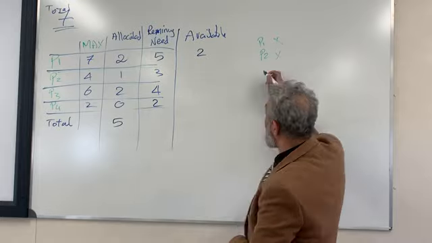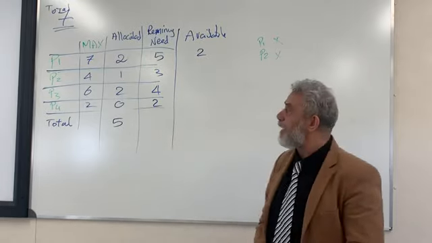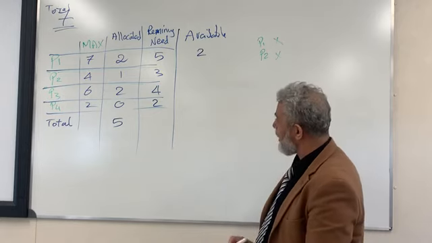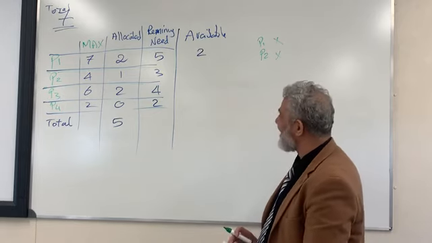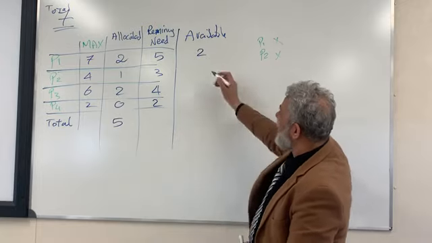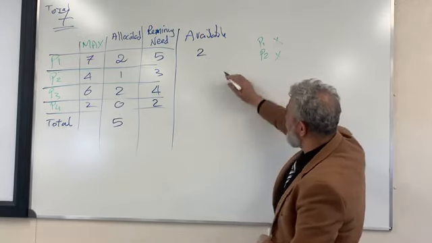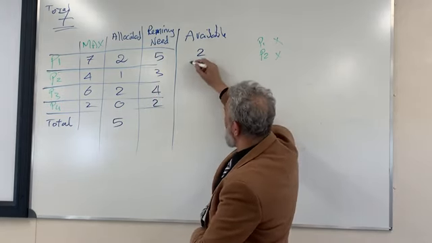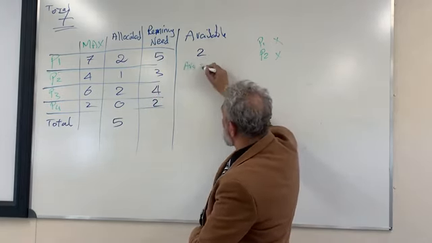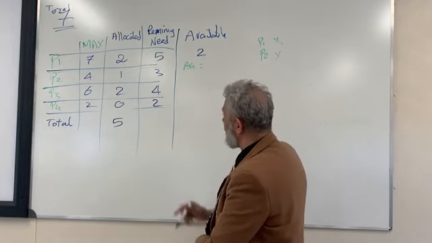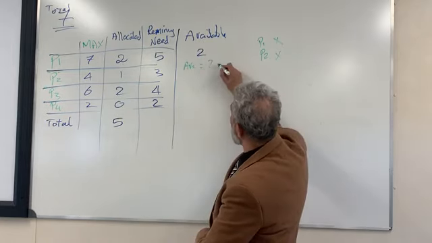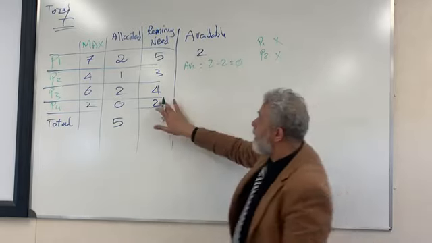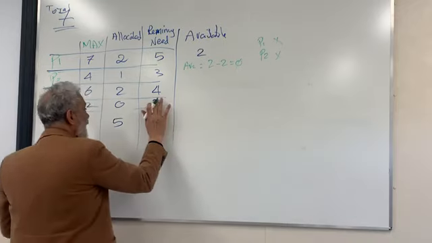Neither process 3. So the only one we can satisfy is process 4. Okay, process 4 is okay. We can give it 2 of those resources. So the new available is going to be, at the moment we have 2, but we're going to take those 2 and give them to it. So now we have no more available resources.